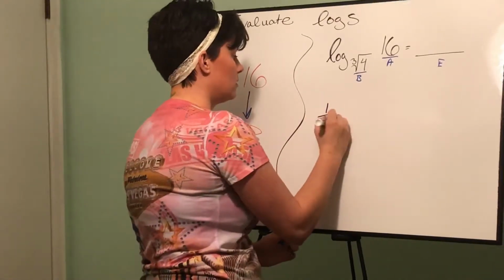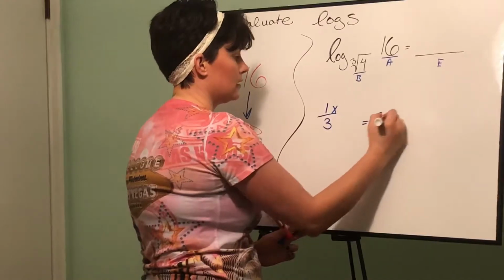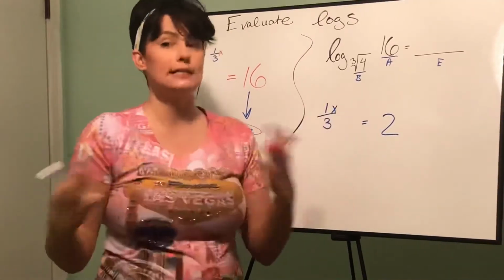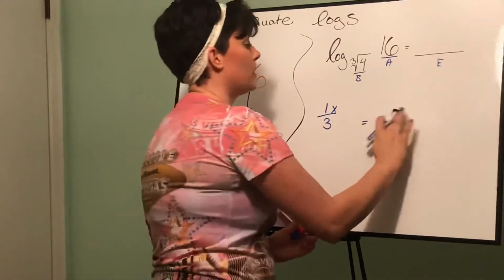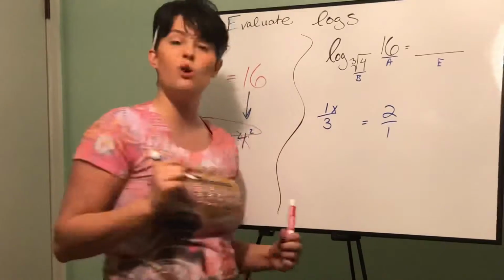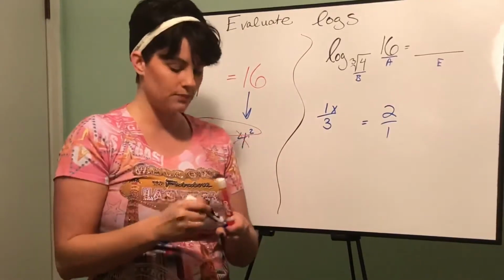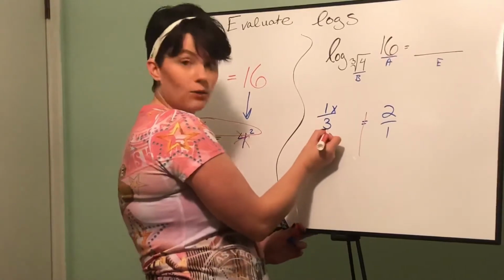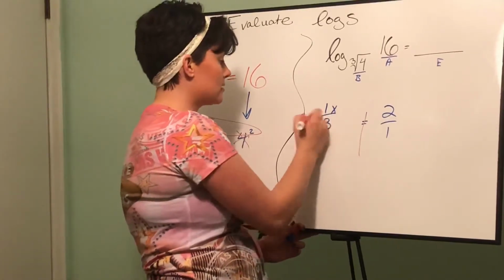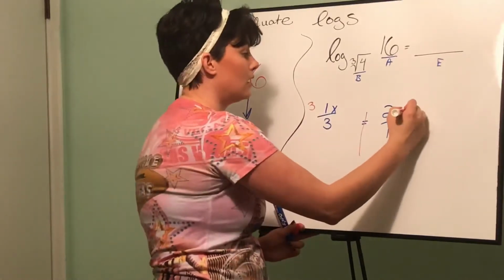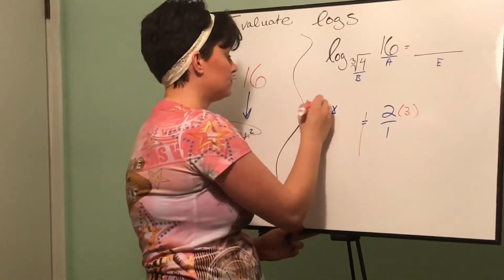So 1/3 x equals 2. And you'll know I put the x up in the numerator because that's technically where it goes. And just to make these both look like fractions, I think I'll make this 2/1. So now they both look like fractions. Now I just have to solve this for x. I want to get rid of the 3 because I want to isolate the x. So to get rid of a 3 in the denominator, multiply by a 3 on top, and then do the same thing to the other side.